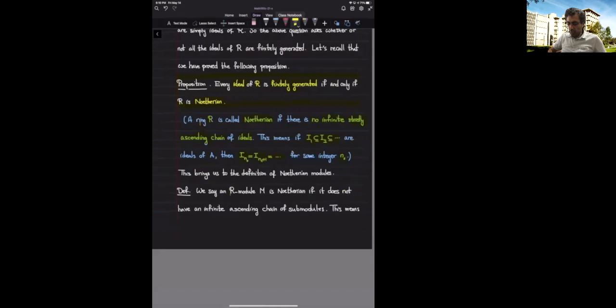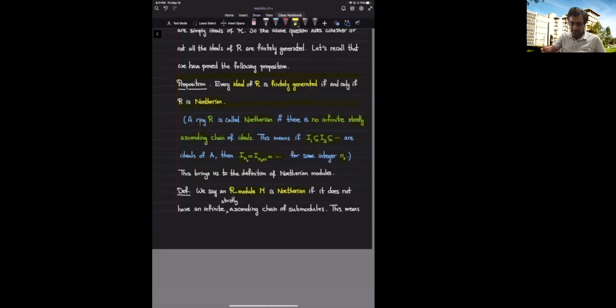An R module M is called Noetherian if a similar ascending chain condition holds. What does that mean? It does not have an infinite strictly ascending chain of submodules, not ideals, submodules.